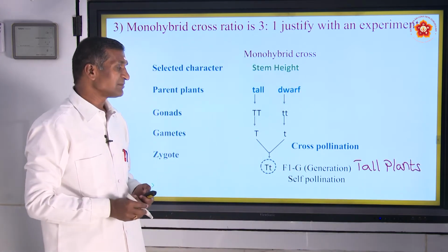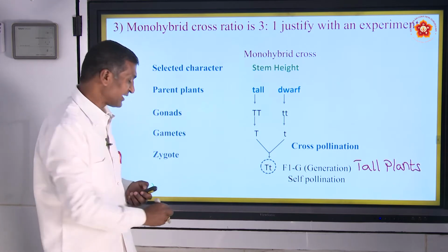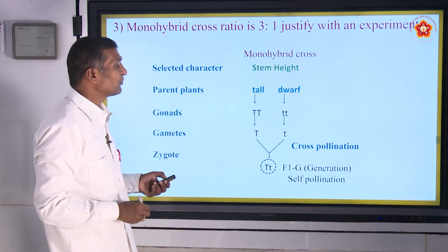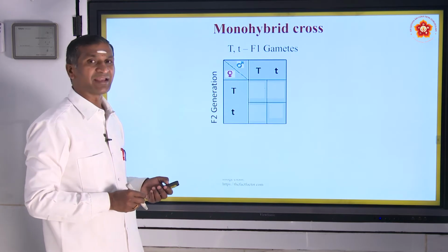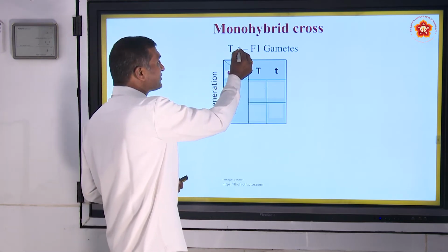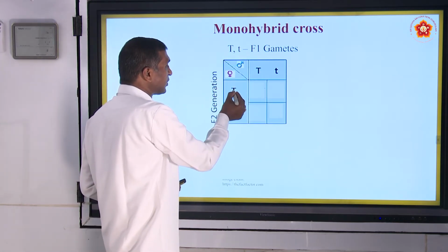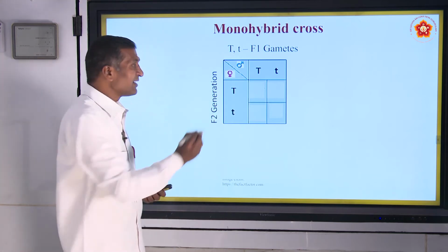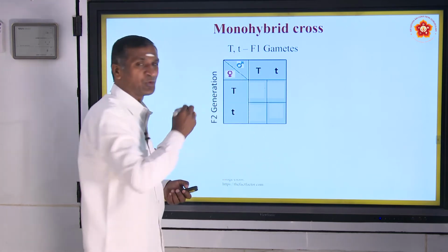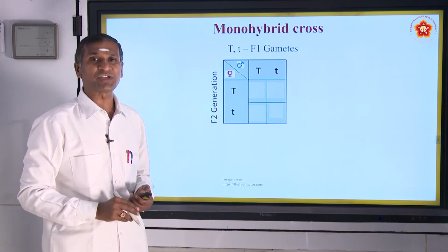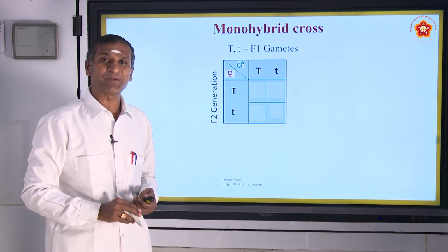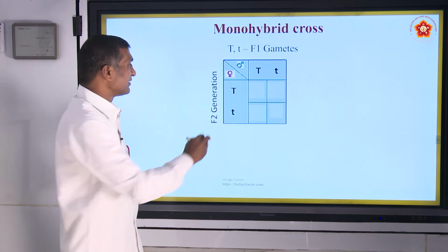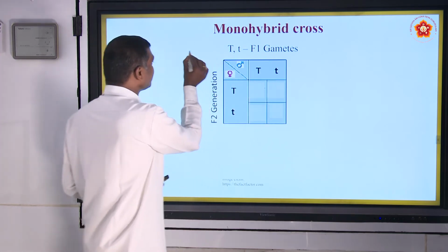The F1 undergoes self-pollination. The gametes of F1 are capital T, small t, capital T, small t. This is called a checkerboard, very important. With the help of the checkerboard, prove the monohybrid ratio is 3:1. This is the checkerboard.